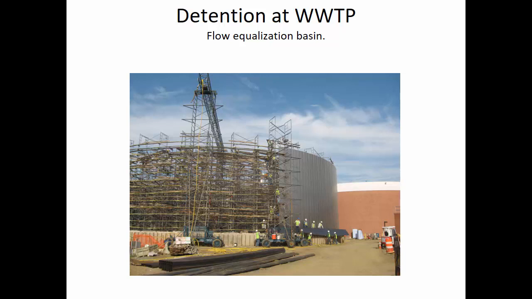If you go further downstream, then the flow equalization basins have to get progressively larger and larger. And at a wastewater treatment plant, then a flow equalization basin is important, especially if you have a combined sewer, because remember, the combined sewer is carrying both sewage and rainwater to the same treatment plant.